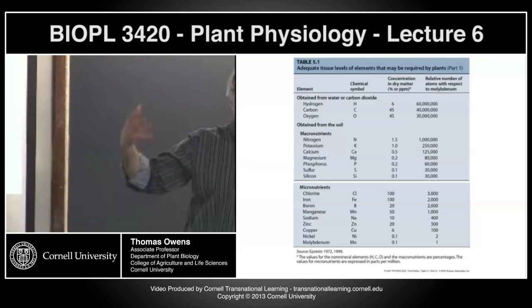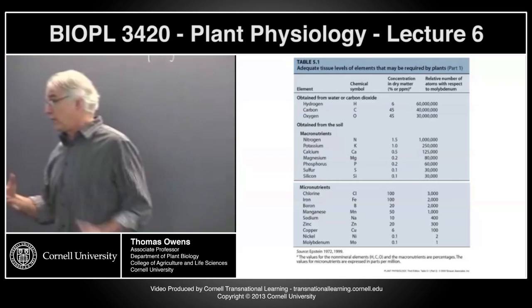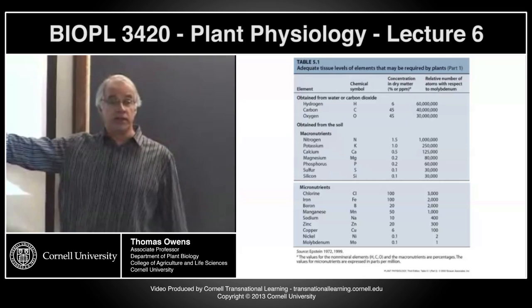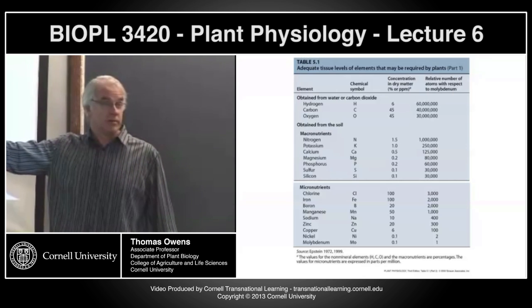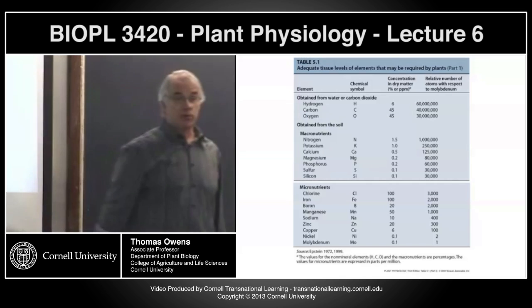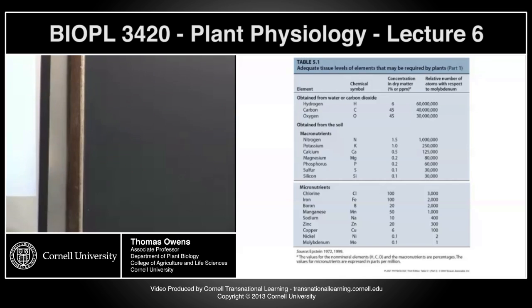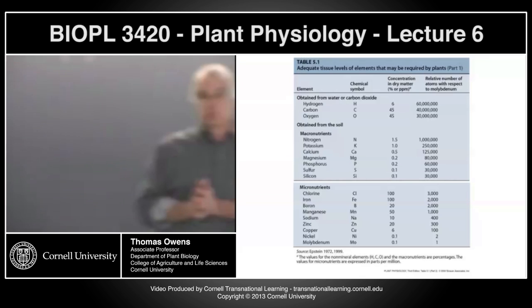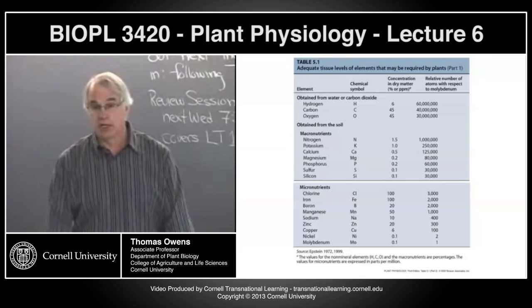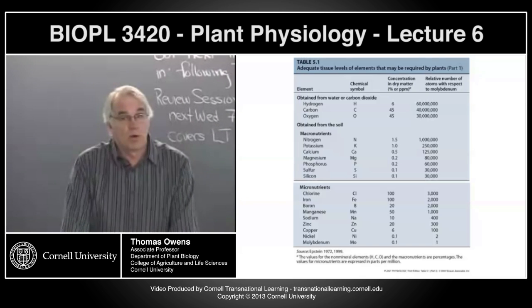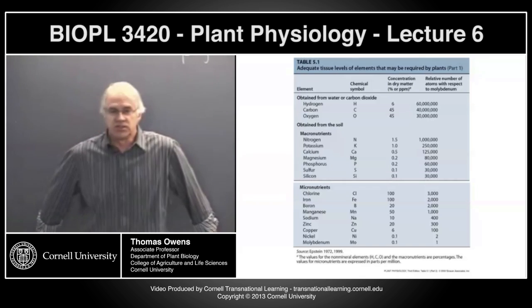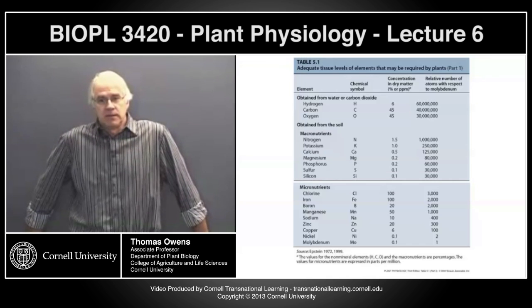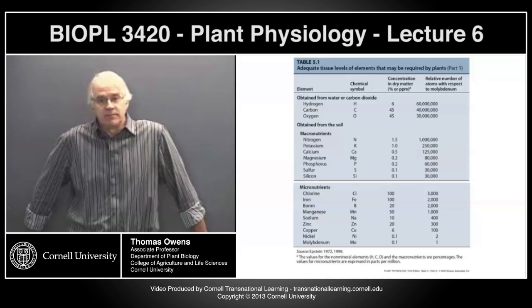Unless you measure very carefully how much of it is in whatever you're growing your plant in, you may think there's no molybdenum in there, but it came along with the iron you put in, or it's just a natural part of the soil, right? Okay, so there's a lot of complications. We'll talk about a number of them in studying plant mineral nutrition. But one of the ones that should be obvious is that we can't do these sorts of studies in soil because we cannot control the chemical composition of soil very well.